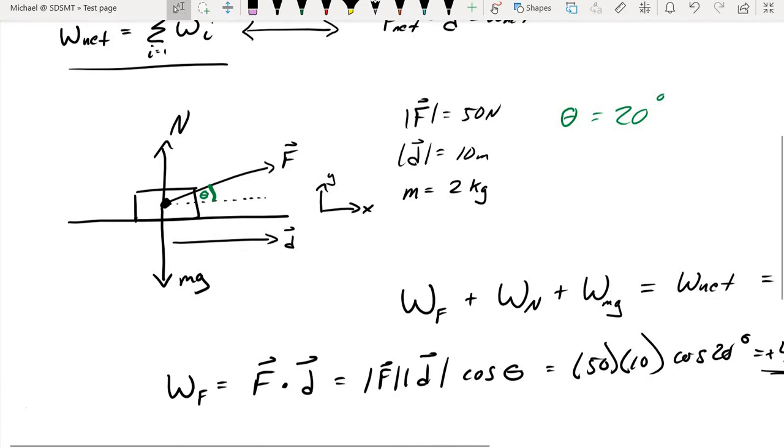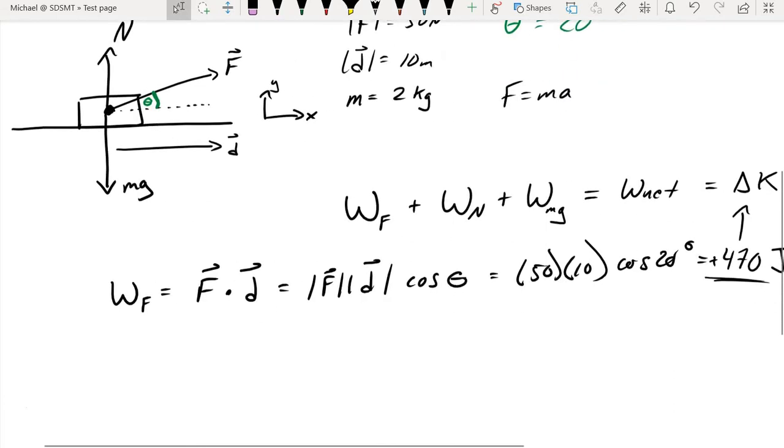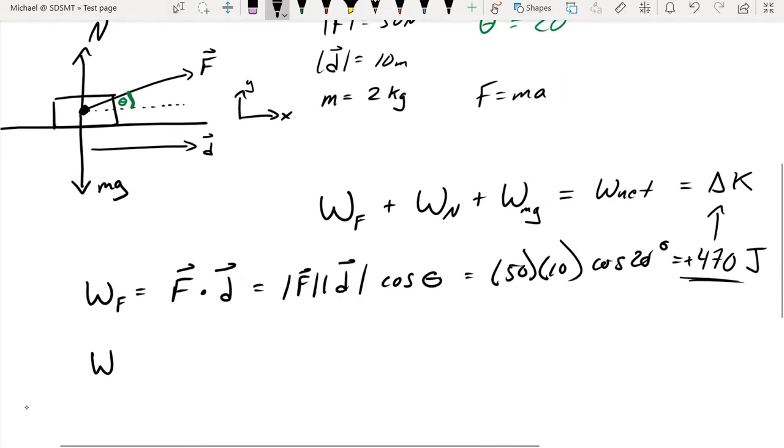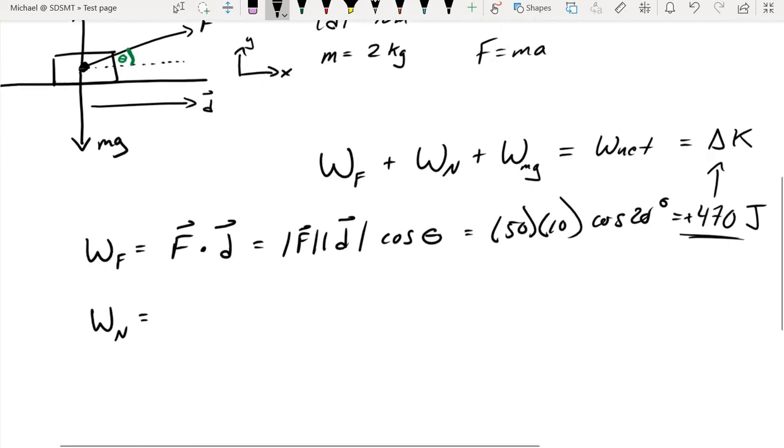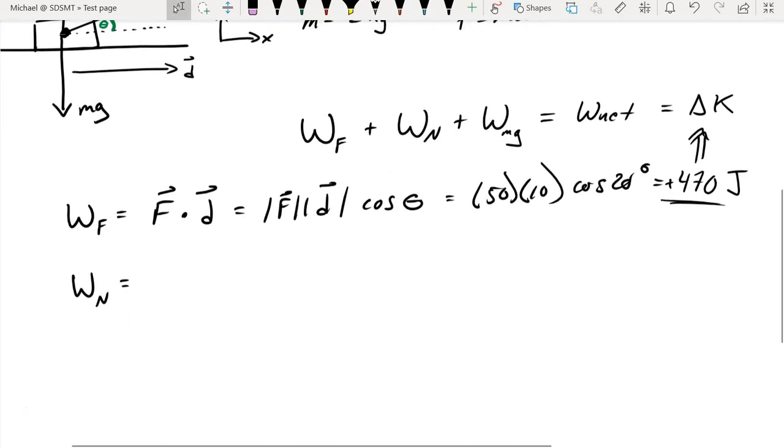And that should make perfect sense to us, because it looks like that force is going to start pulling the mass to the right. As that force accelerates the mass, we should see the mass start to change its velocity. But we have to figure out what amount of work all these other forces are doing before we can finally make that final conclusion as to what's happening with the change in kinetic energy.